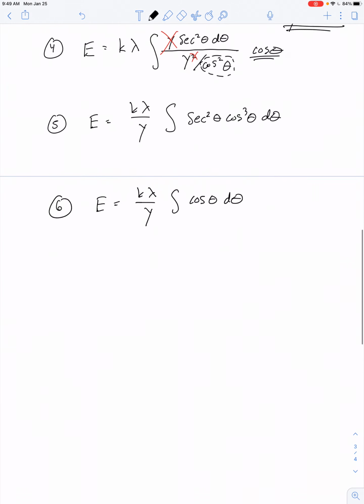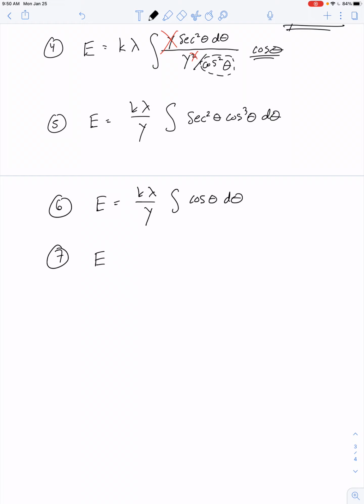rod. So in step 7, we introduce the number 2, because we're going to change the limits from theta equals negative theta max to theta equals positive theta max, right? So we're integrating from theta max to 0 degrees and then doubling the result.